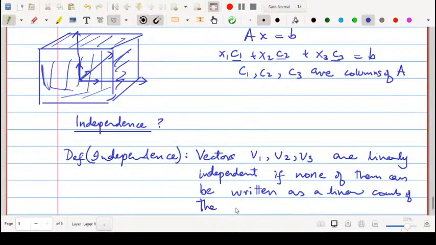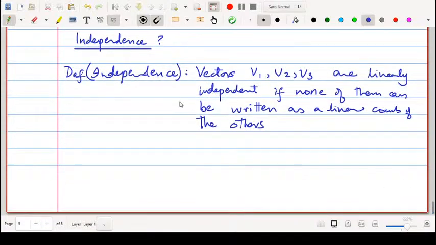This is a rough definition, not exactly precise, but we're going to make it precise by first thinking about what this means.